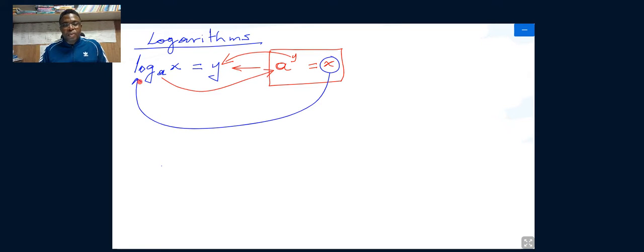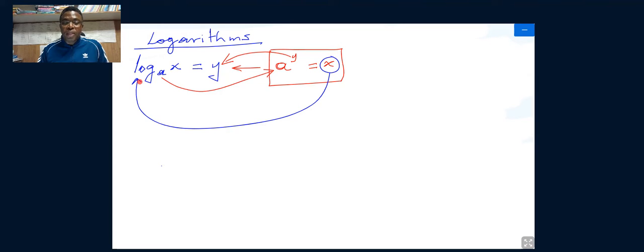So that is how you work with the log. And this topic is applicable to learners who are doing matric or grade 12. They do logs. We are going to revisit this section when we are doing exponential functions.